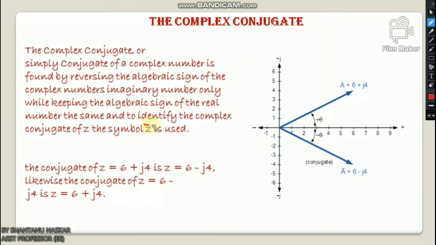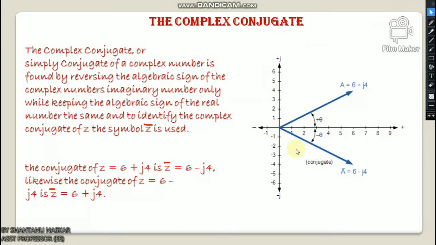For example, the conjugate of z equals 6 plus j4 is then z dash equals 6 minus j4. Likewise, the conjugate of z equals 6 minus j4 is z dash equals 6 plus j4. Very easy.